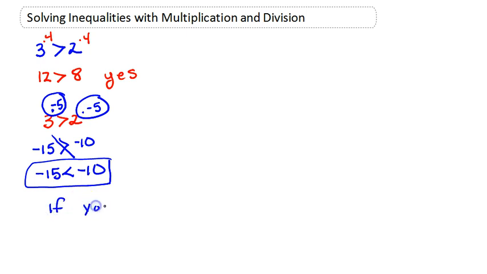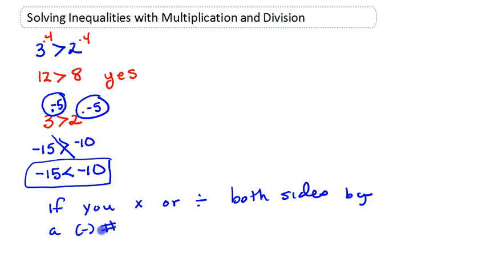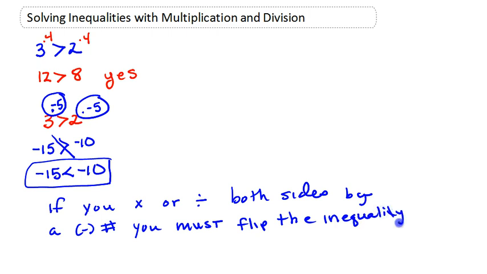If you multiply or divide both sides by a negative number, you must flip the inequality sign.